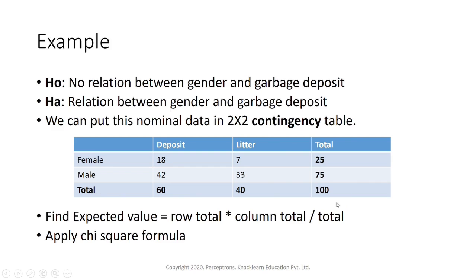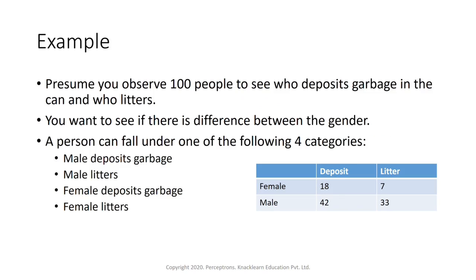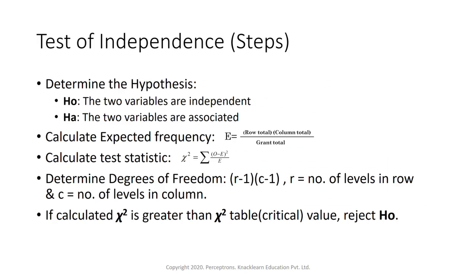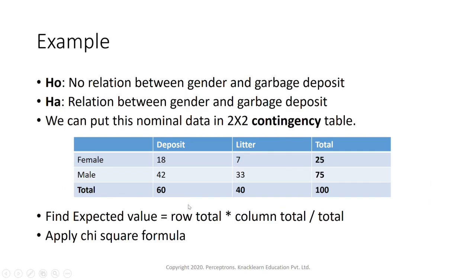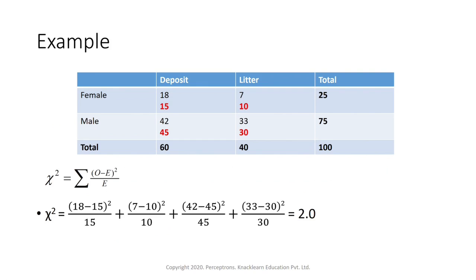First we have to find the expected value, that is row total into column total divided by the grand total. Then we will calculate the chi-square value using the chi-square formula. So now let's find the expected values.